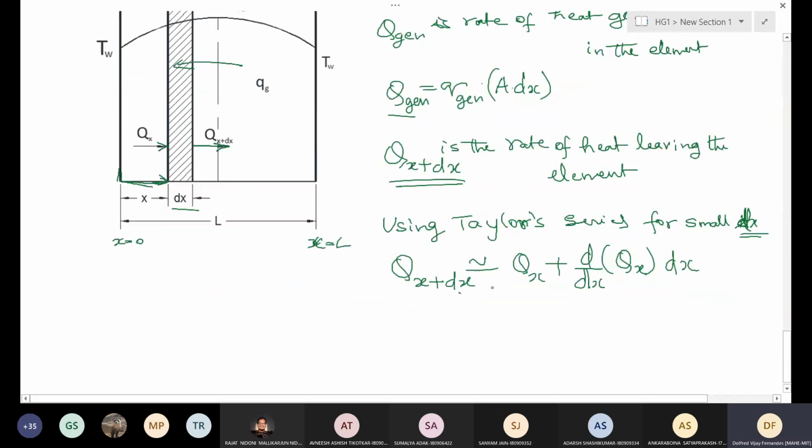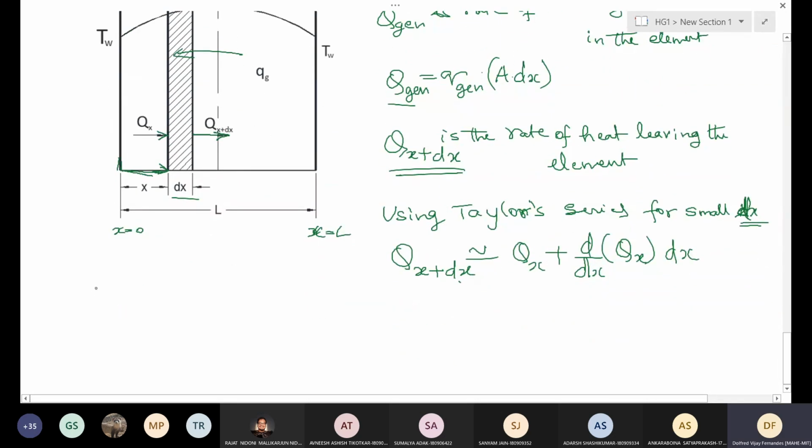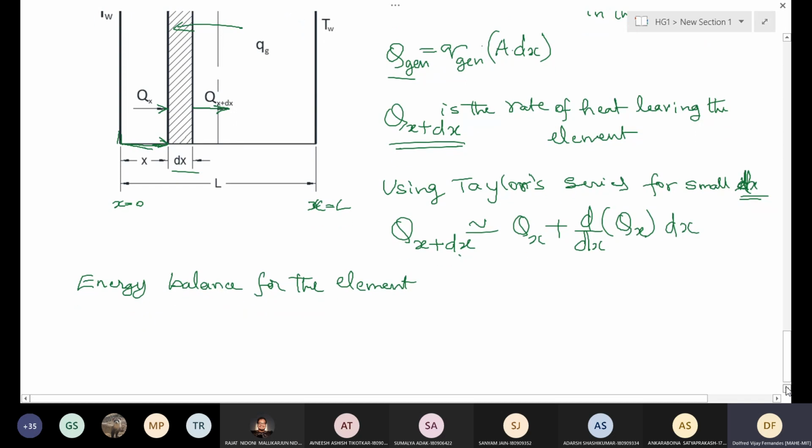Now you can write the heat balance, the energy balance. What that means is that whatever heat is entering, plus whatever heat is generated, is equal to the rate of heat leaving the element.